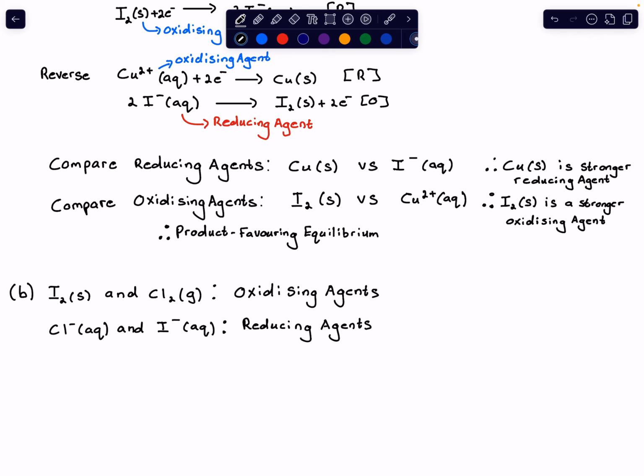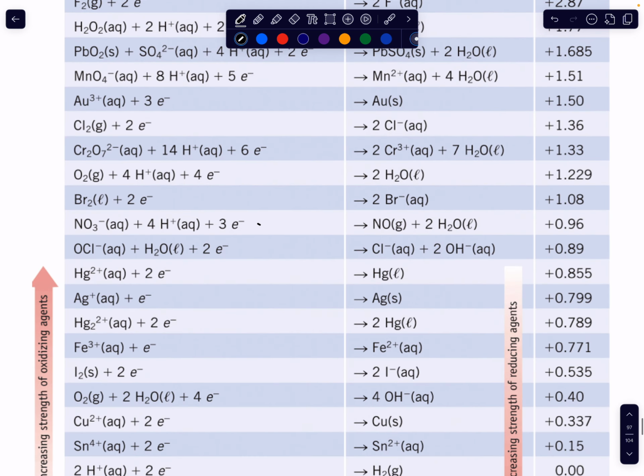All right, so the question is, which is the stronger oxidizing agent between I2 and Cl2?